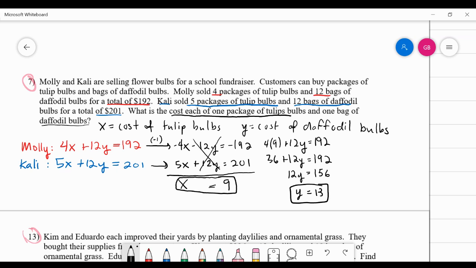Okay, so I found x and y. Now I can answer the question in a complete sentence. What is the cost of 1 package of tulip bulbs and 1 bag of daffodil bulbs?